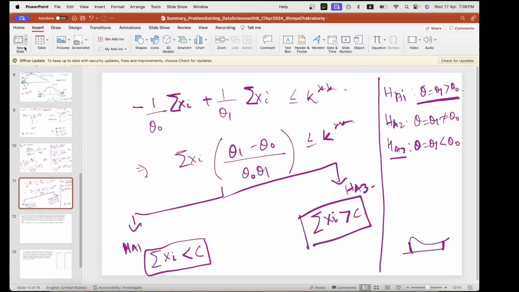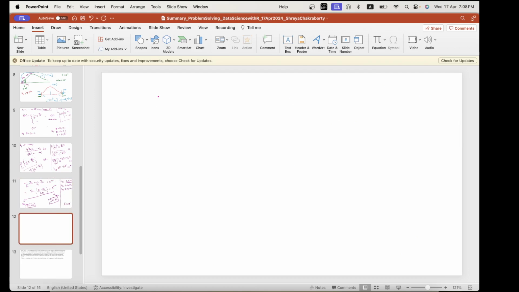So here you see that this one was theta equal to theta 1 greater than theta naught. Corresponding rejection is summation xi less than c. So this will follow some gamma distribution. For the time being, just focus on this.